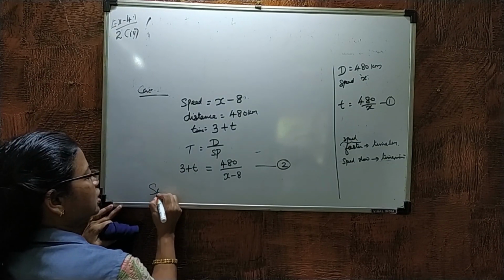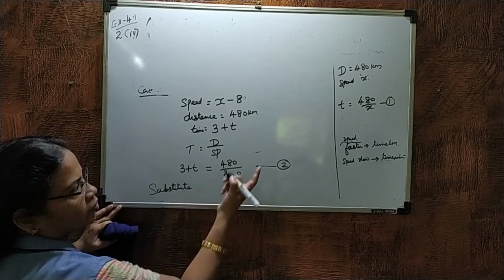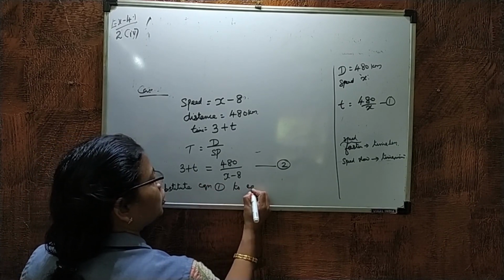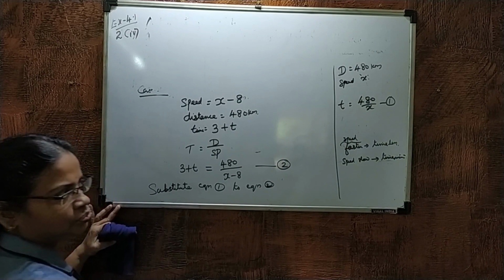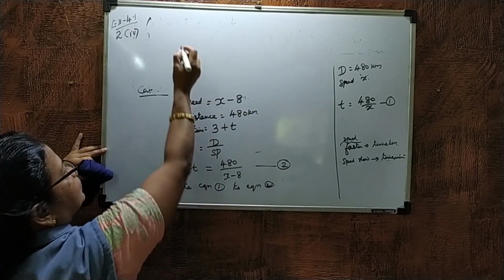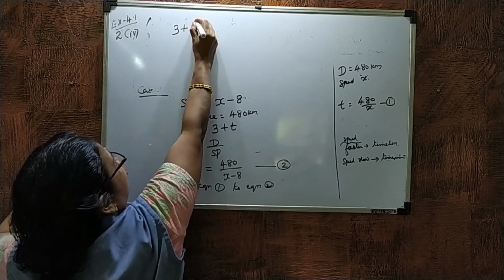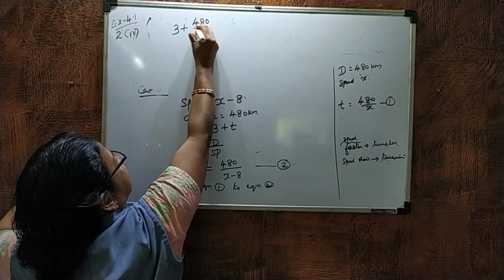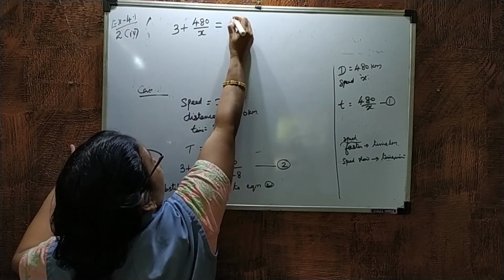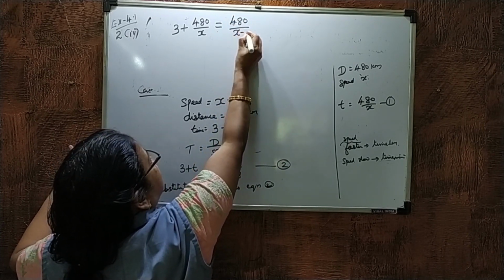So substitute equation number 1 into equation number 2. Instead of t we are going to substitute 480 by x. So 3 plus 480 by x equals 480 by x minus 8.